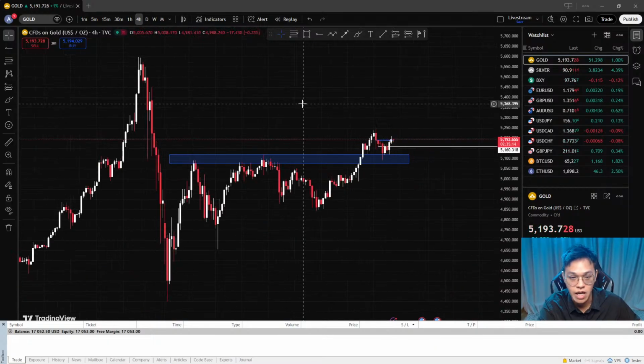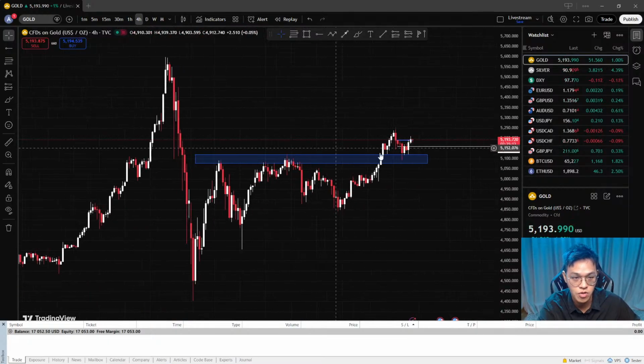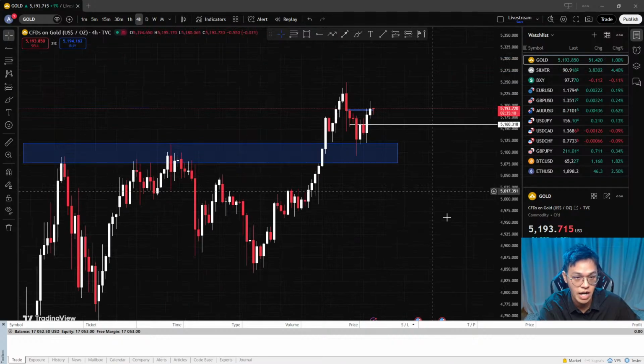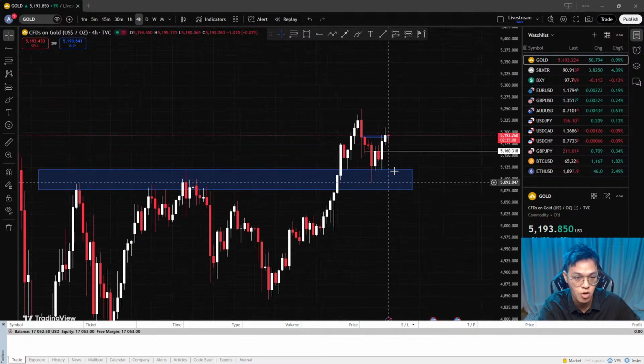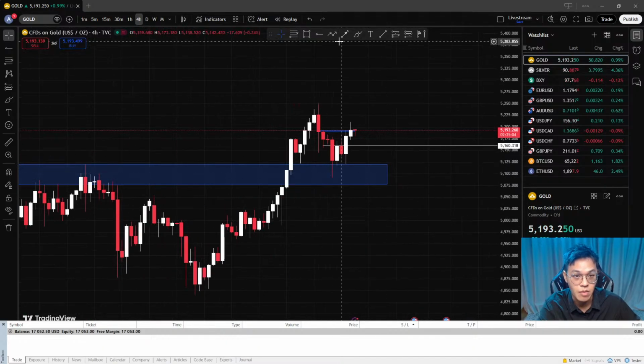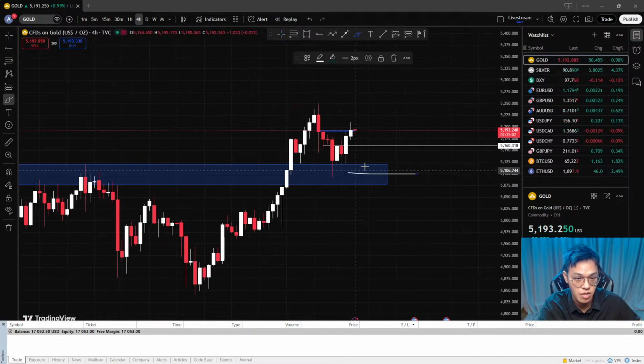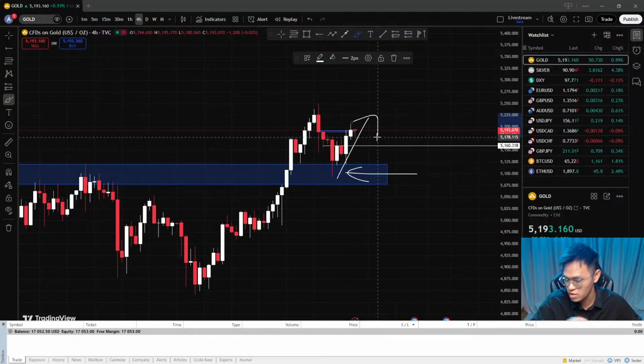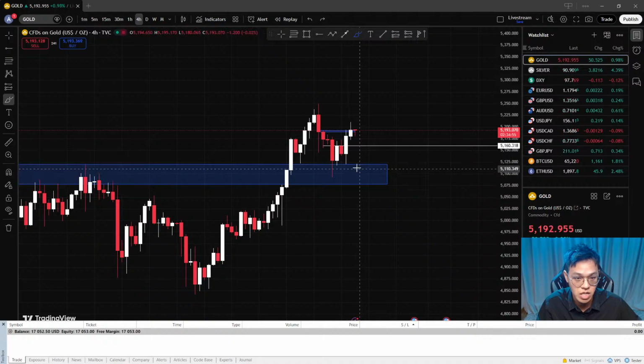On the 4 hour chart, the price came back and retested this support level and then rebounded, which means this support level is valid, because the buyers came in. Here is the buying momentum.